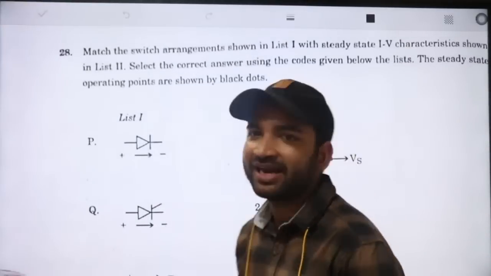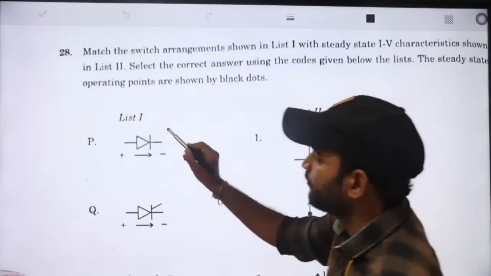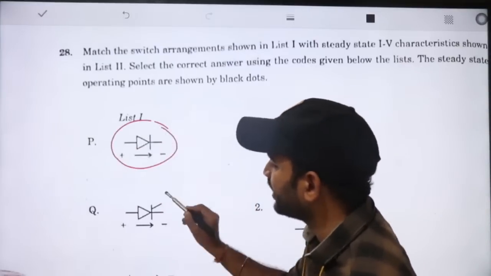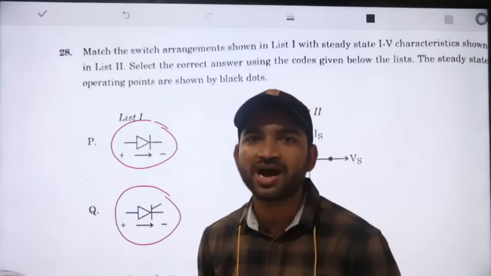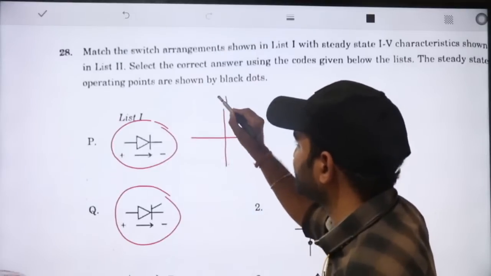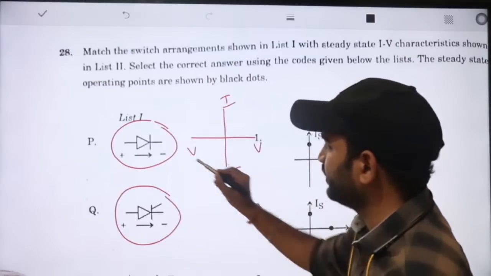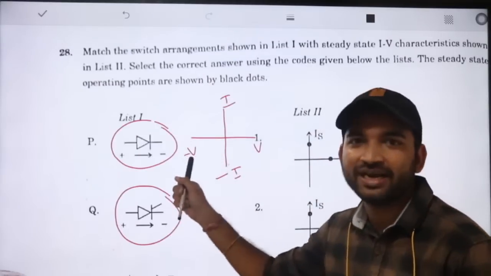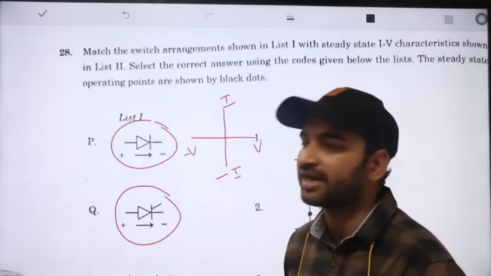This is a power electronics, power semiconductor devices question. Here the first one is a diode and then a thyristor. First we need to find out the quadrant of operation. I already explained in the class, this is plus I, plus V and minus V. Voltage is related to blocking, current is related to the direction of current.